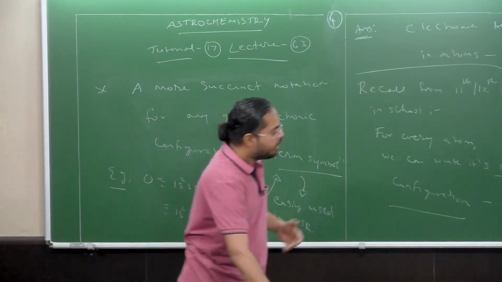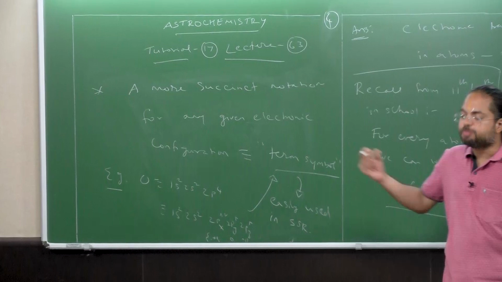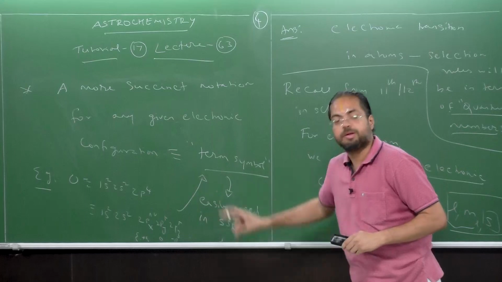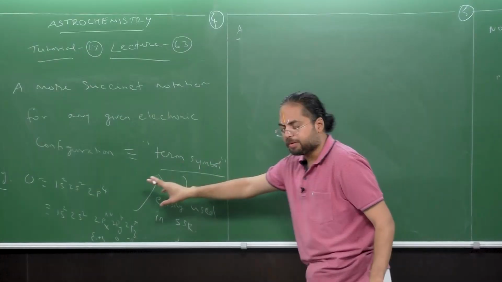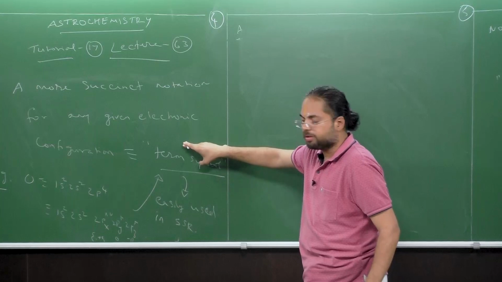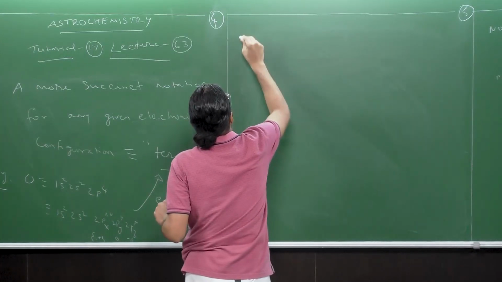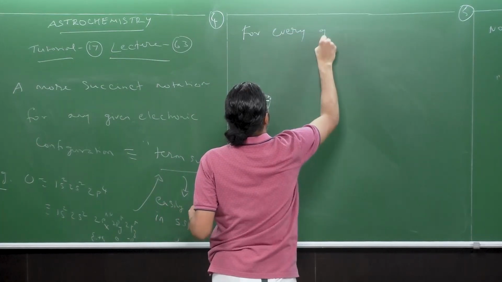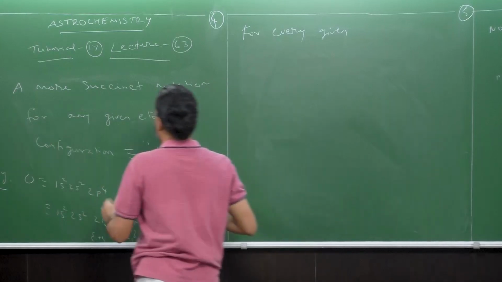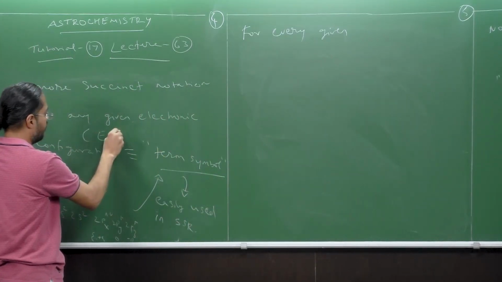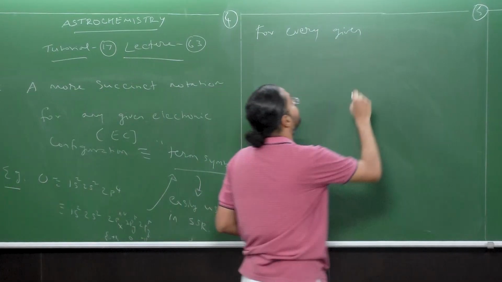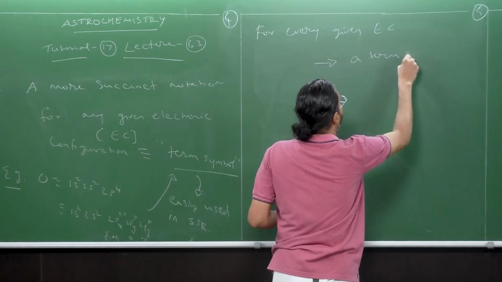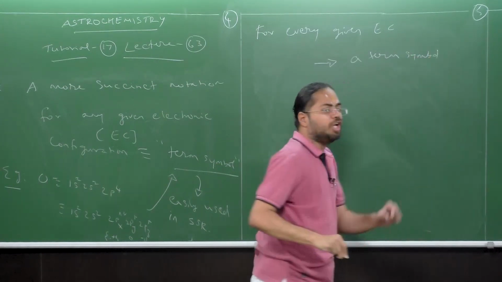Now, this term symbol is extremely critical in electronic spectroscopy. All right. So all our selection rules are going to be expressed in terms of the term symbols themselves. Let us see how. The electronic configuration can be written in terms of a term symbol, and for every given electronic configuration, I'm just going to write this as EC, electronic configuration, a term symbol can be uniquely associated.